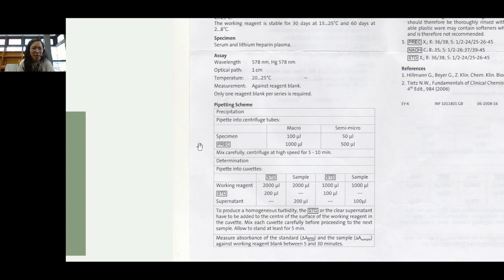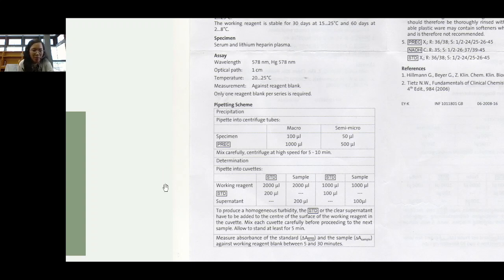Mix carefully, centrifuge at high speed for 5 to 10 minutes. And then after, yung supernatant yung gagamitin natin, mix with the working reagent or yung reagent na ating prepare. And then 100 microliter for the supernatant, 1000 microliter for the working reagent.